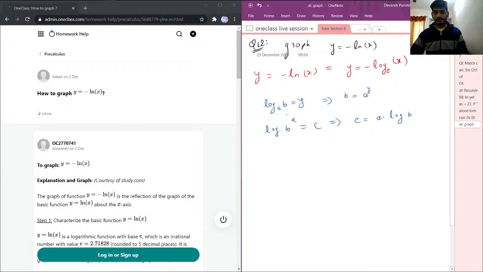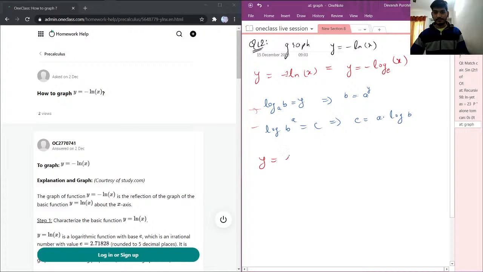So here we can see I'm going to use these two properties. First I will use the second one to take this minus 1 in the power of x.